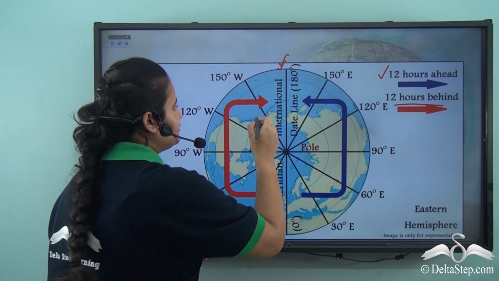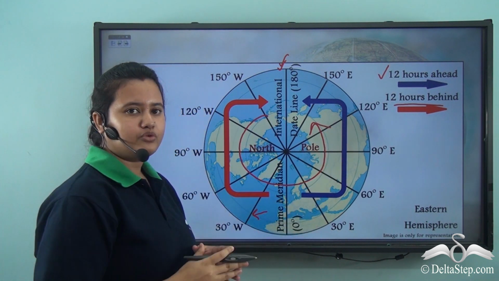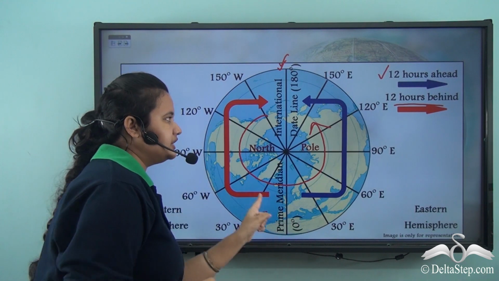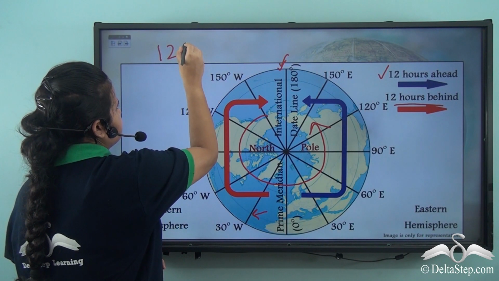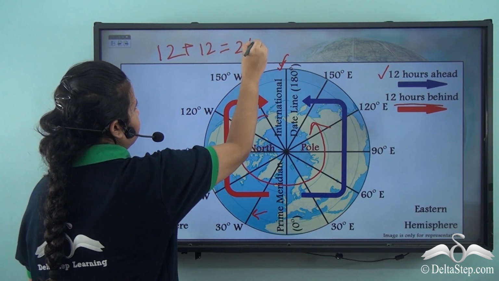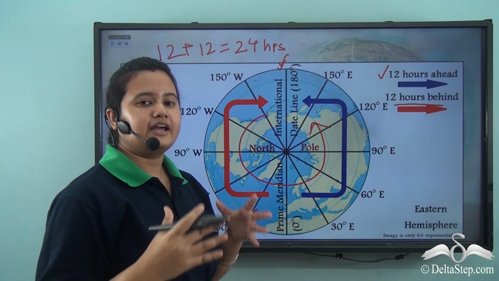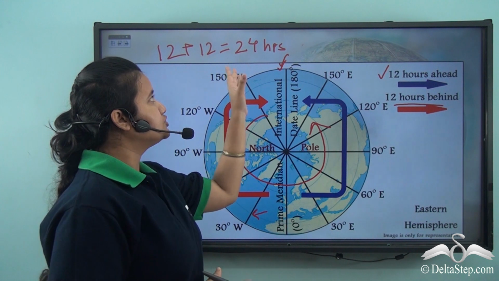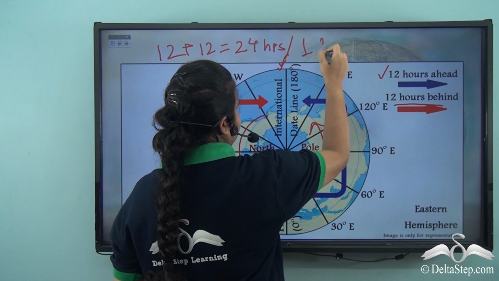But what if we move from the west to the east? Then 12 hours plus 12 hours equals 24 hours. That is, there will be a time gap of 24 hours or 1 day.